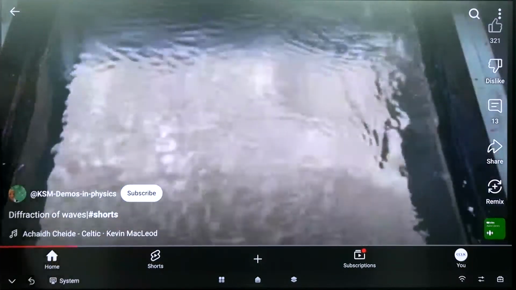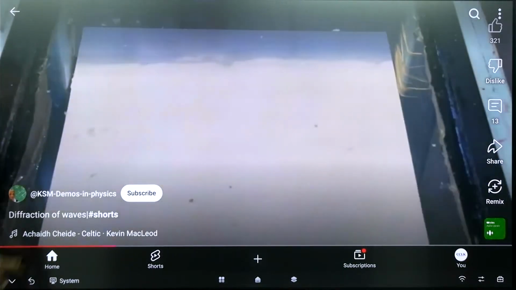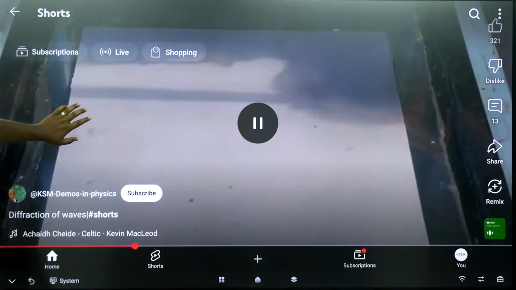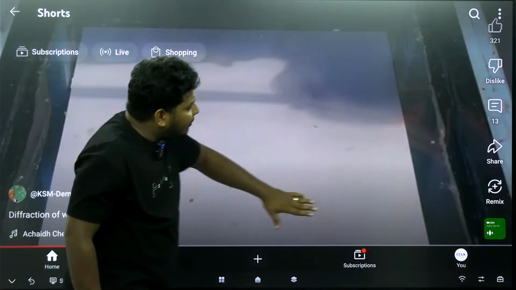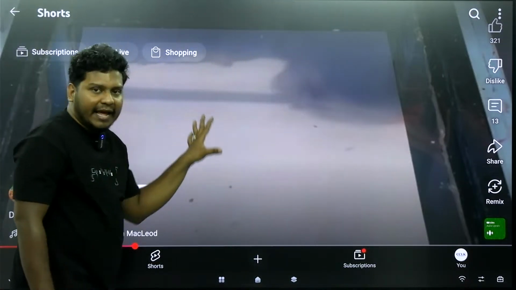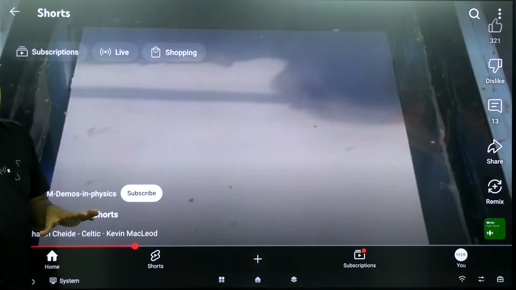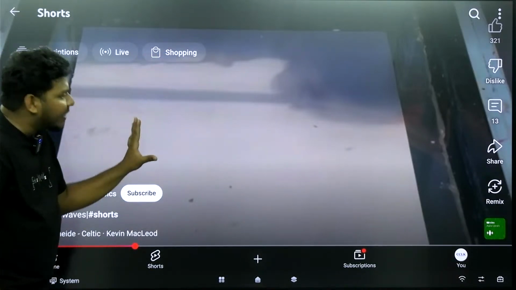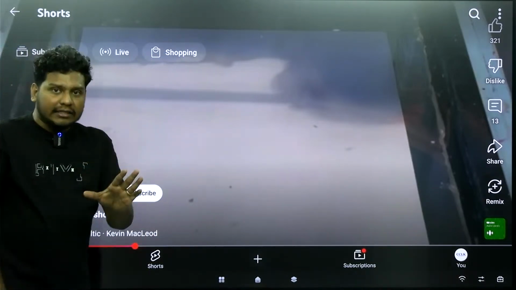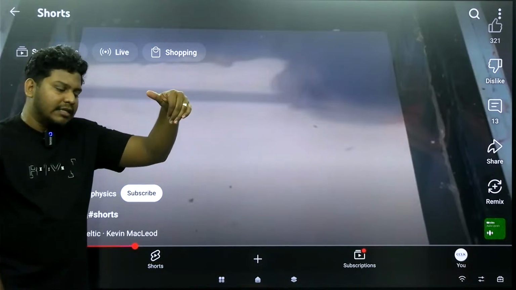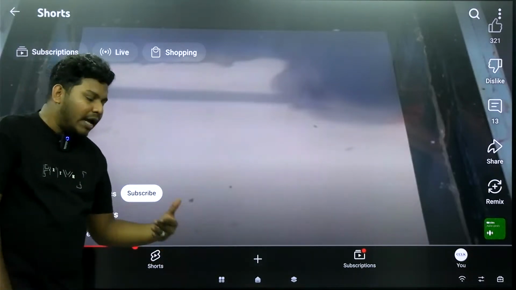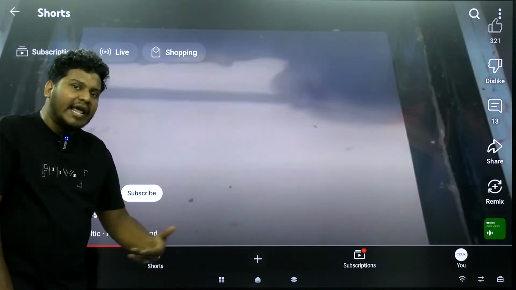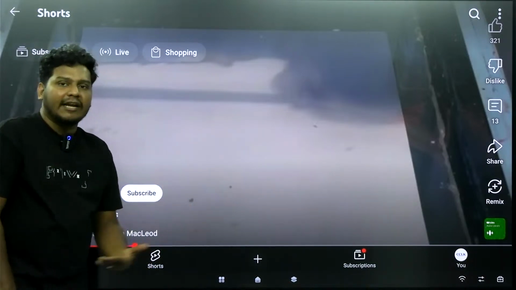The bottom part of the ripple tank is made out of glass. Glass means the light rays can go through it, so at the bottom part of the ripple tank, we can see the shadows.